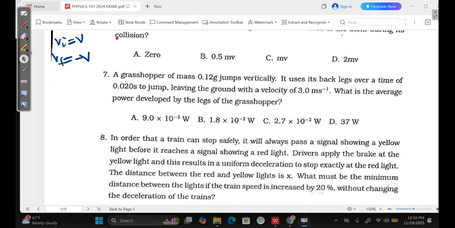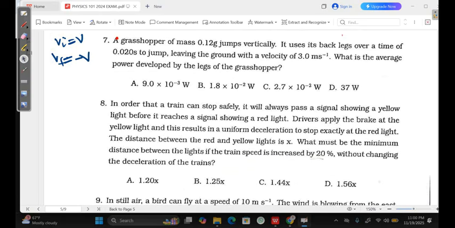So we can go to question 7, or maybe there's someone who's got a question. Anyone who has got a question? Guys, you can't tell me that you don't have questions. It's normal.